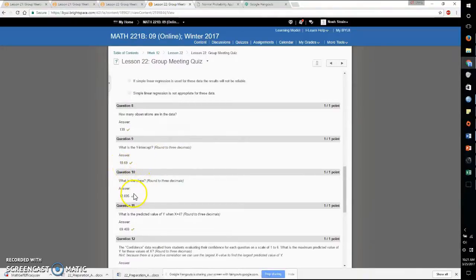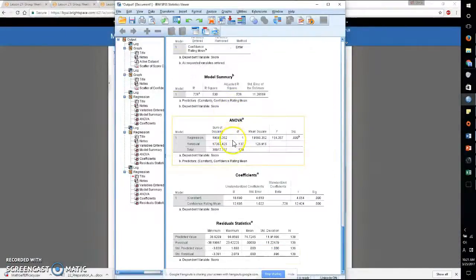And it asks, what is the slope? The slope is the numerical value that's directly below our y-intercept in this data table, right here. Here's our coefficients, constant. This is our intercept, and this is our slope, and that would be 12.695.